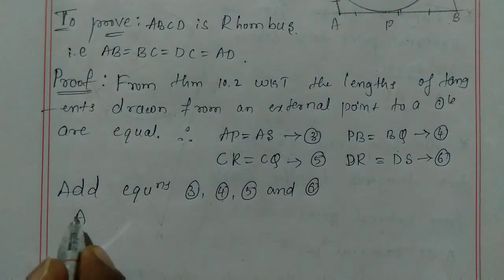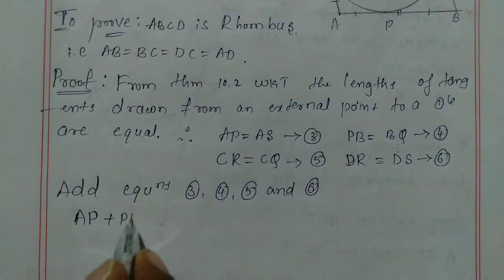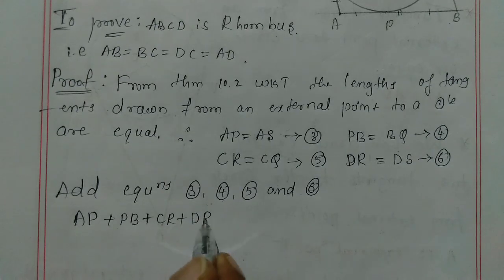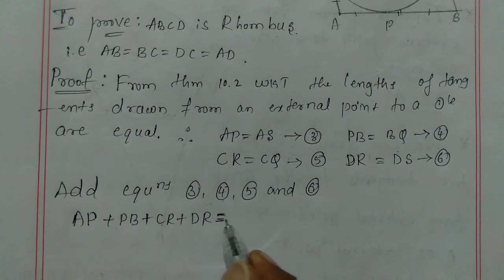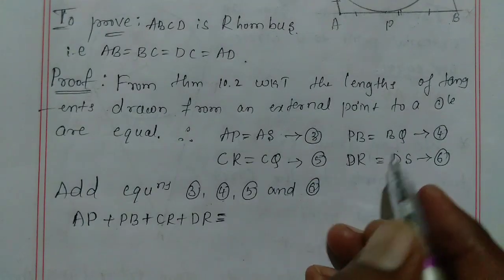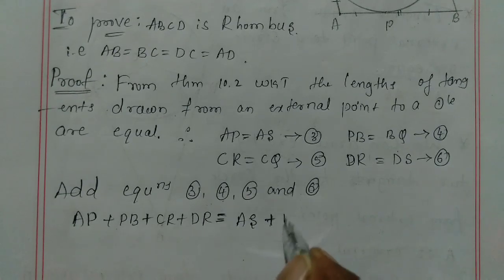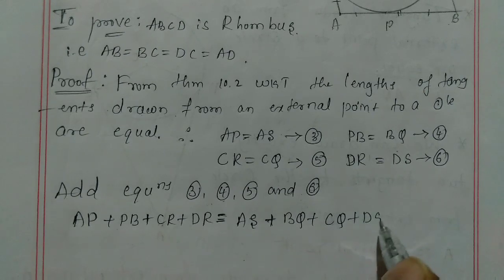So it means you can add first left hand side, that is AP plus PB plus CR plus DR. Okay, these four are left hand sides. Okay, so next I'll write here right hand sides, that is AS plus BQ plus CQ plus DS.